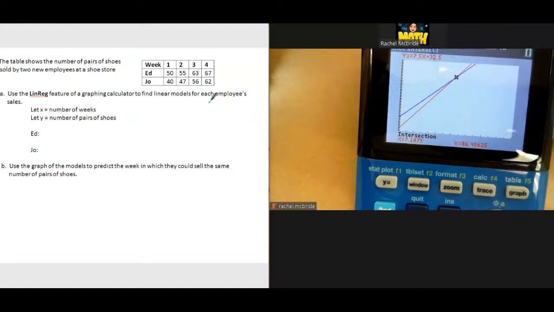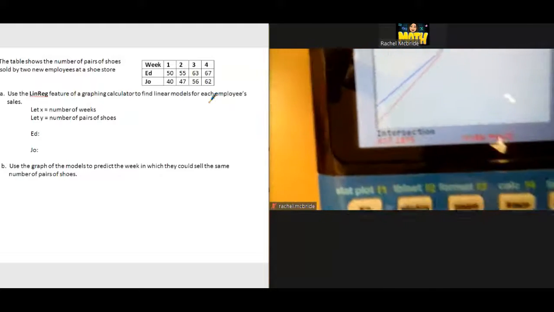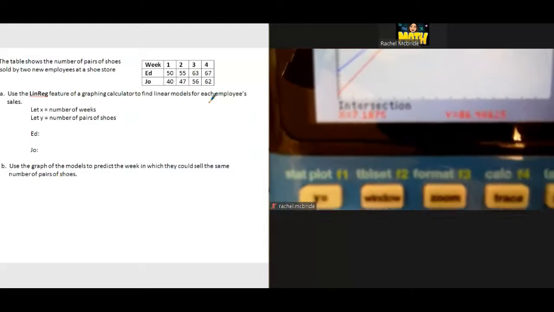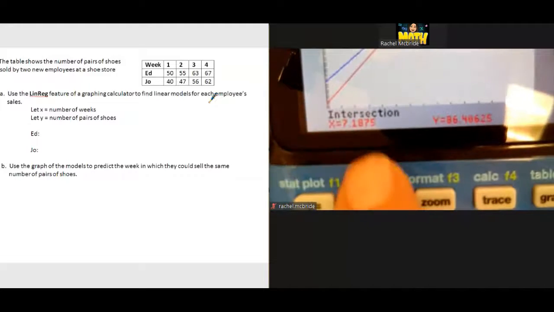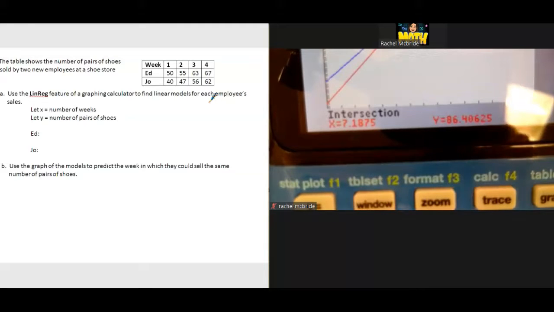And you see that the intersection is at 7.1875, and the y value is 86.4025. So what that point of intersection means, x is the weeks, so during week 7, both Ed and Joe will sell between 86 and 87 shoes.